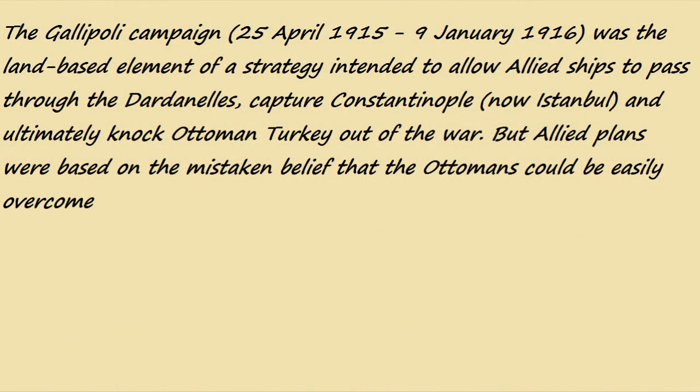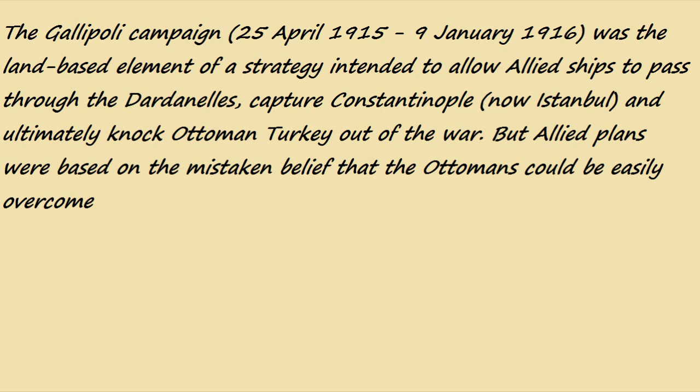It was the land-based element of a strategy intended to allow Allied ships to pass through the Dardanelles, to capture also Constantinople, which is now Istanbul, and then ultimately knock the Ottoman Turkey out of the war. But Allied plans were based on the mistaken belief that the Ottomans could be easily overcome.